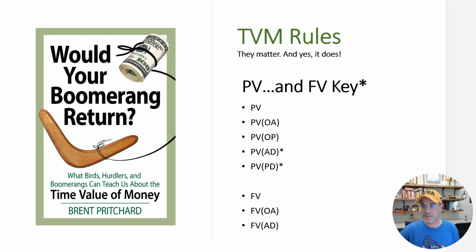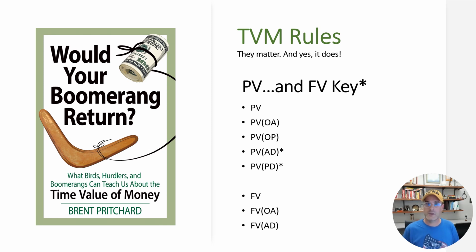In a prior lesson, we've discussed how all but the building block true investment yield equation really come down to PV or FV, and how you can use the PV and FV keys on your financial calculator to solve for not only the present value or future value for a lump sum payment, but also for an annuity or perpetuity.